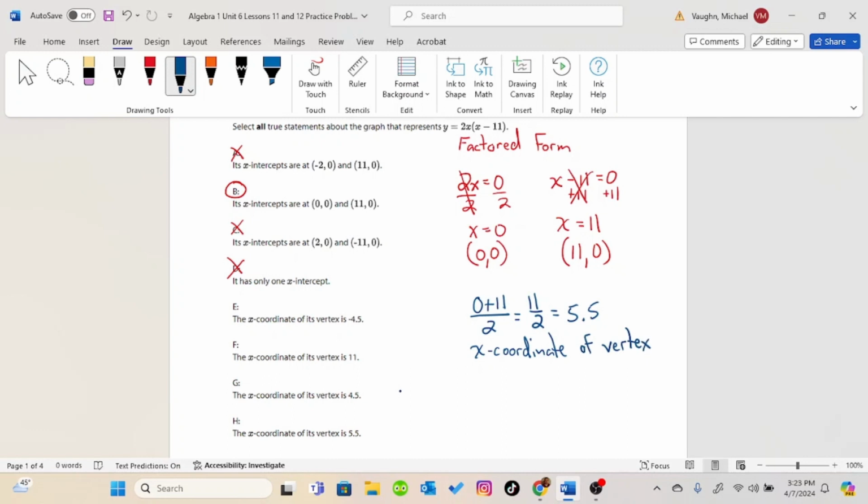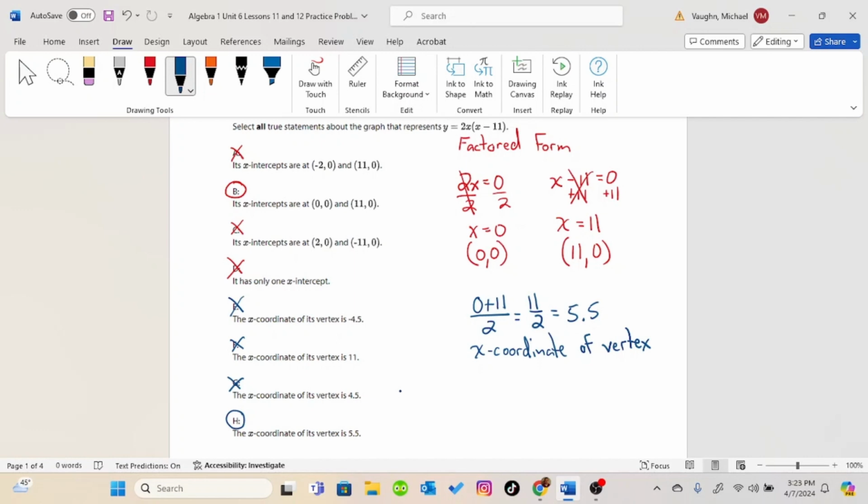So that means H is correct, E, F, and G are wrong. So the correct answers for this first practice problem are B and H.